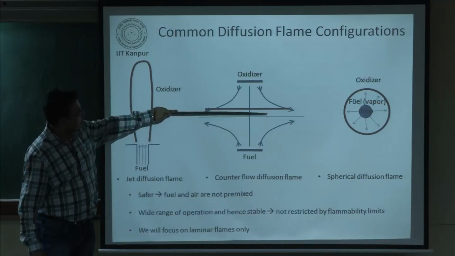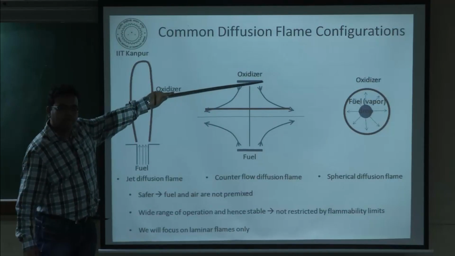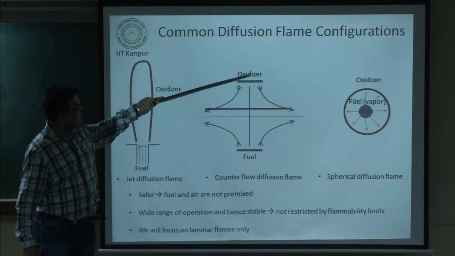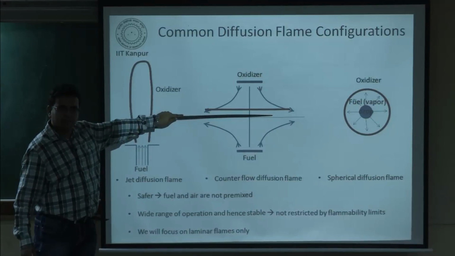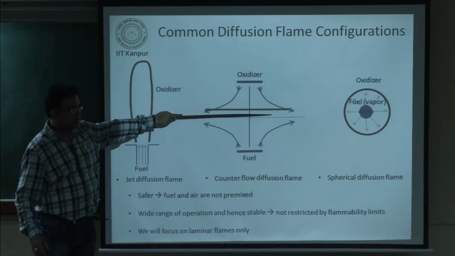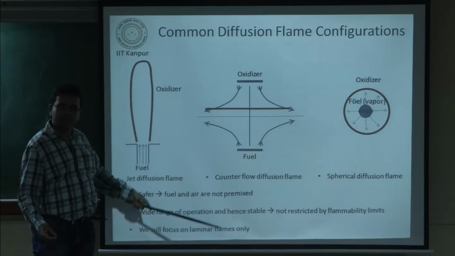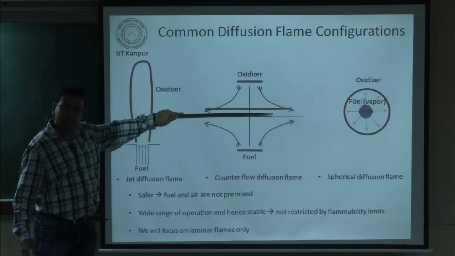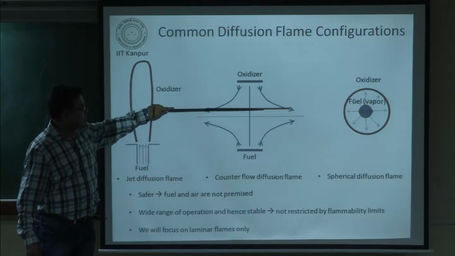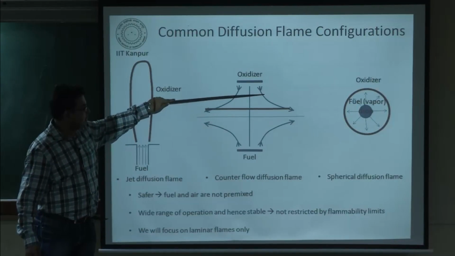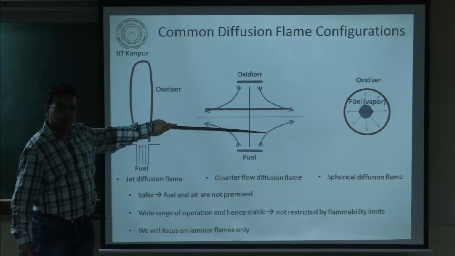So then the flame can occur towards the oxidizer side, right. If the momentum is the same, then the stagnation plane will appear at the middle of the domain, but if the momentum of these two streams is different, then the stagnation plane can also shift, right, and depending on the fuel air ratio, the flame can be located either here or on this side, right.